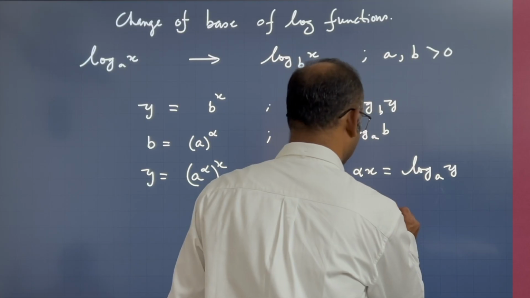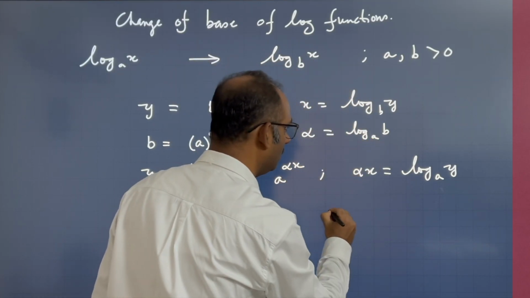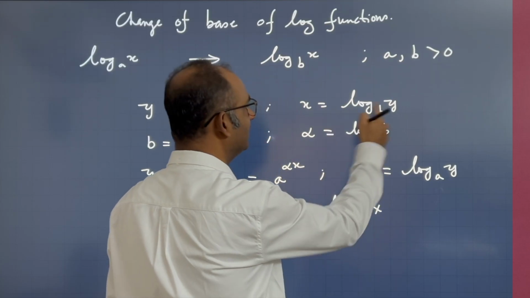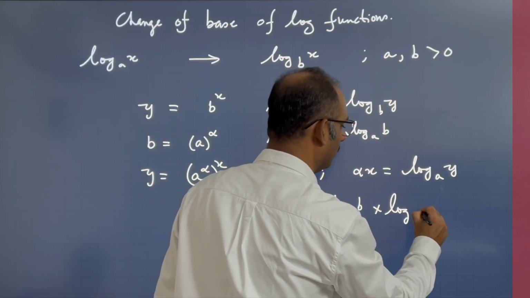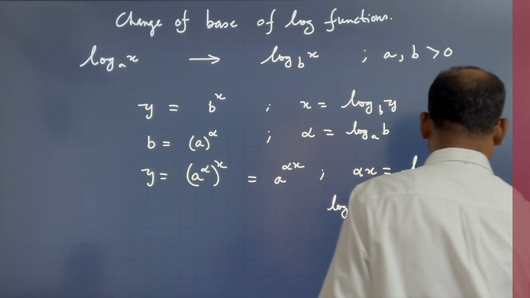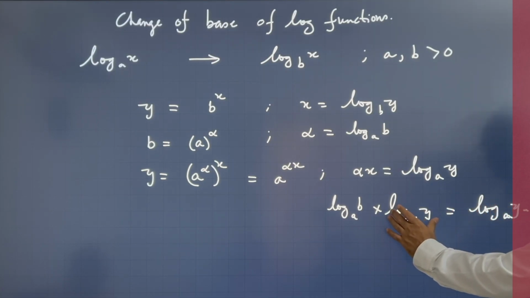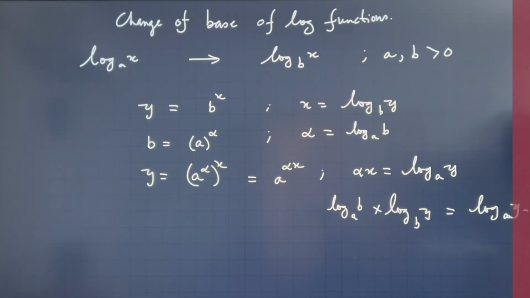Now let's substitute what x and alpha are in terms of logs. Alpha is log b to the base a, times x, which is log y to the base b, and the right hand side is log y to the base a. Correct? So log y to the base a is log y to the base b times log b to the base a.